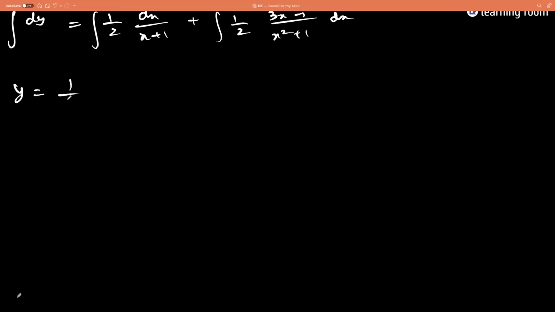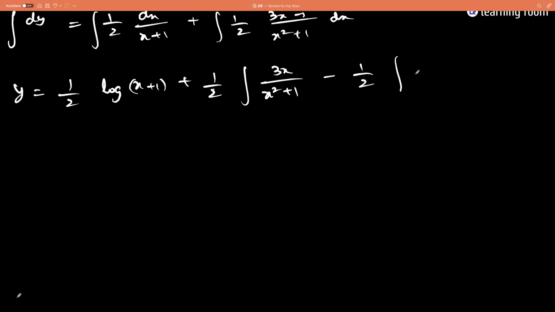So y is equal to half of log (x plus 1) plus half into, so this I can write it as integral of 3x by (x square plus 1) minus half into integral of dx by (x square plus 1). So 3 will come out.